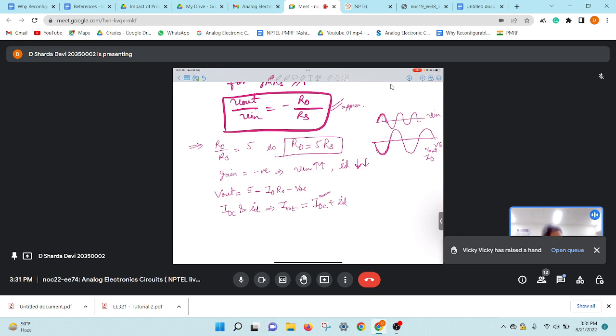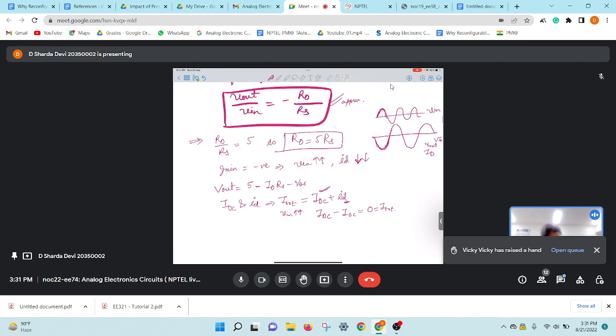There is a chance that our VG is increasing such that this id, that is the AC current, nullifies our DC current. In that case it will be IDC minus IDC, that is 0, as our I total. That is one case. In another case, we reduce Vn such that our id becomes equal to IDC. In that case our I total will be 2 IDC. Is this clear?